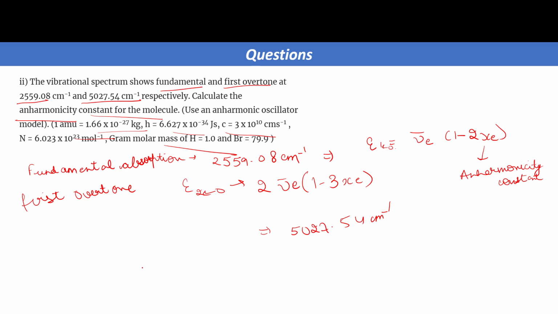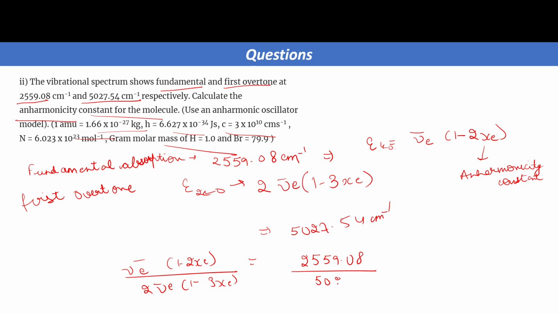Now simply equate this: ν̃e (1 minus 2 Xe) divided by 2 ν̃e (1 minus 3 Xe) will be equal to 2559.08 divided by 5027.54, both in centimeter inverse.